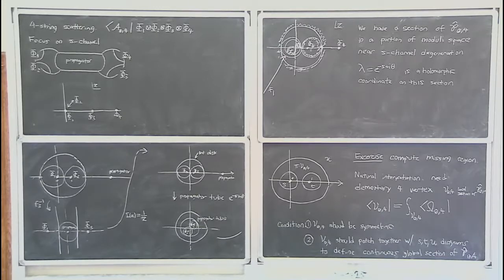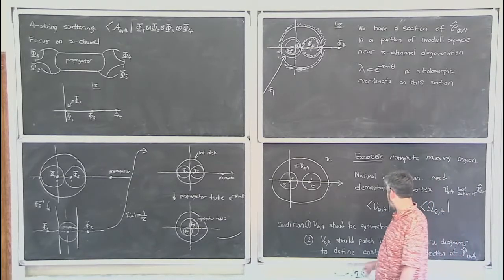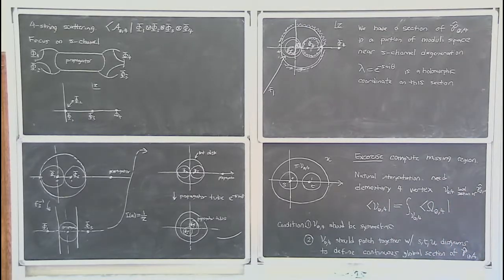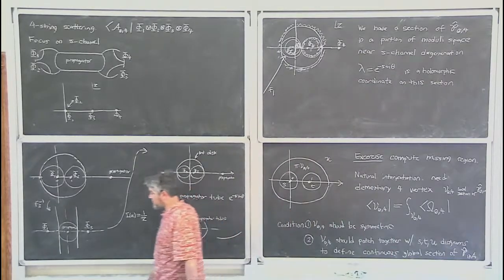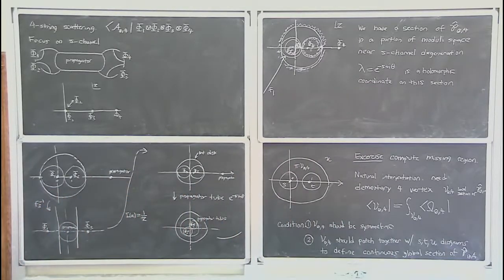And if it is continuous, that means that you will now have a continuous global section of P hat 04, and the off-shell 4-point amplitude will be BRST invariant.